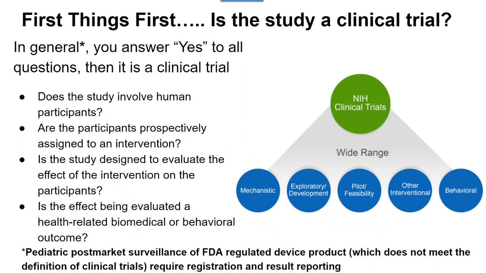And by this definition, most chart reviews are actually not considered clinical trials, therefore they do not need to be registered. However, there's an important exception. Pediatric post-market surveillance of device products, which is typically done retrospectively, like an observational study, is considered a registration-required study under FDA.